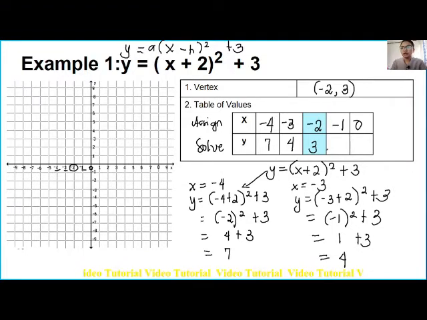For us to not substitute values for negative 1 and 0 anymore and avoid lengthy solutions, we can establish a pattern. So, if this is 4, therefore, this is also 4, since on the graph, they are on the same x-axis. And then, if this is 7, this is also 7. So this is just a technique or shortcut for us to avoid lengthy solutions on solving negative 1 and 0 and substituting.